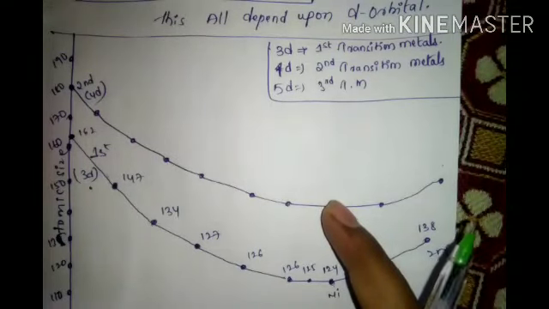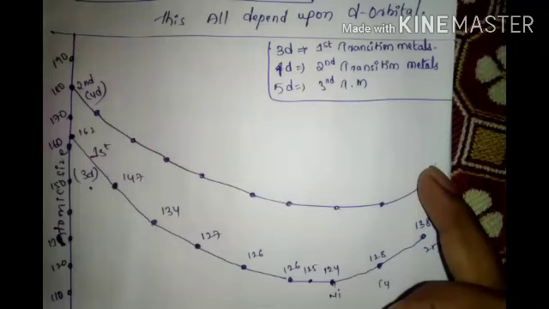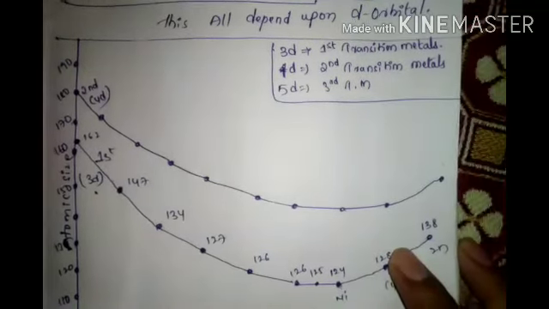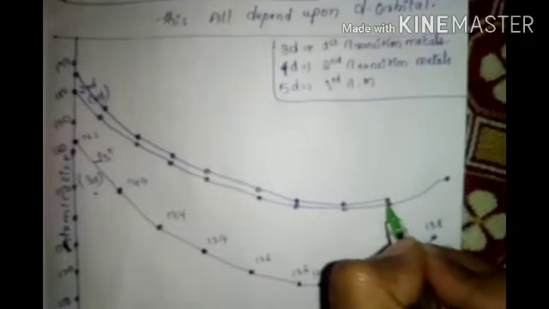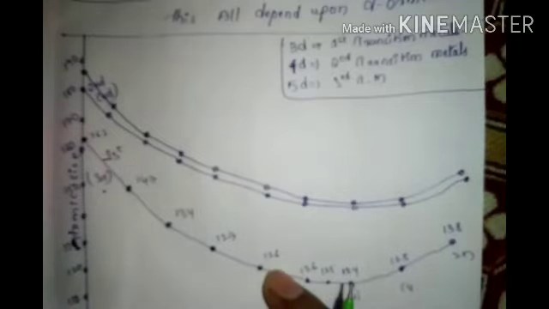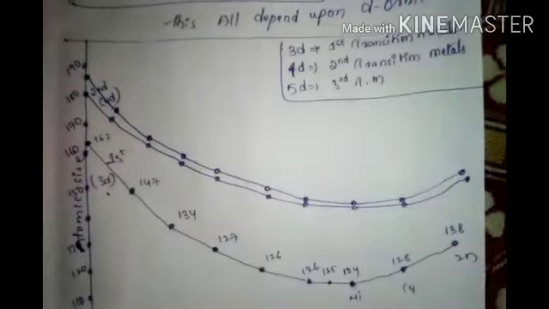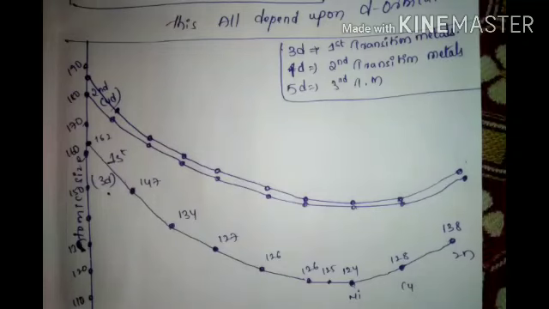It slowly decreases, then after it increases. Next, the 5D series. 5D series and 4D series both will go very near each other, almost touching, sometimes touching also. It will go like this: 3D, 4D, 5D.